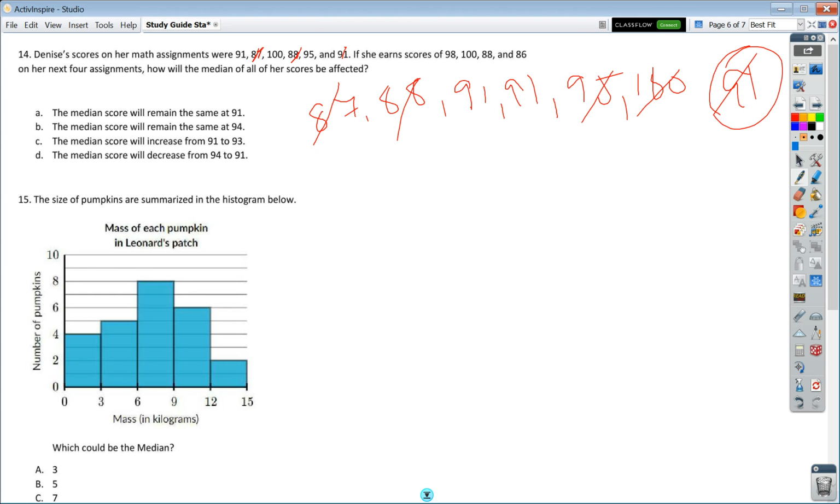So I've got 87. There's an 86 that gets added. There is another 88 that gets added. 88. There's a 91.